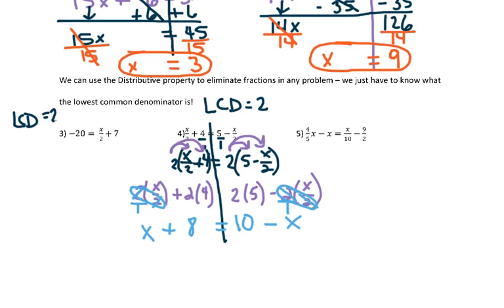Now this problem looks like section 2-2 examples. So we need to get the variable on the same side of the equal sign. So I'm going to take this minus x right here, and I'm going to add an x to both sides to get it to the other side.